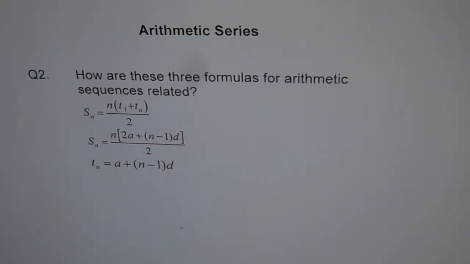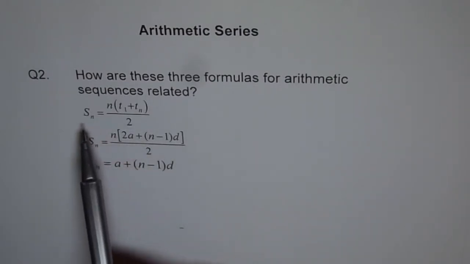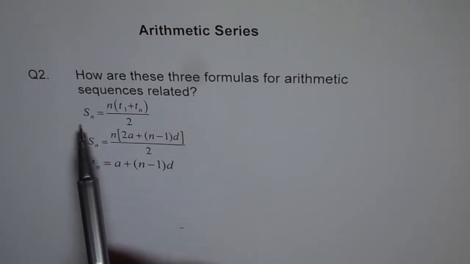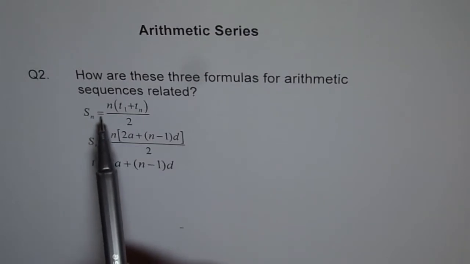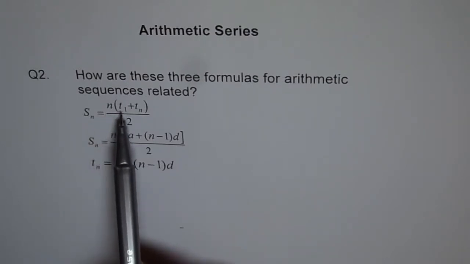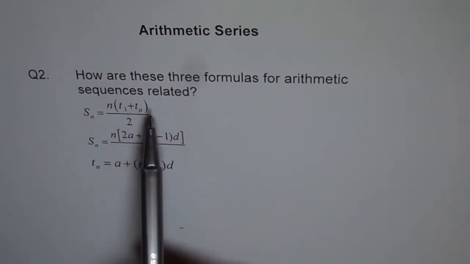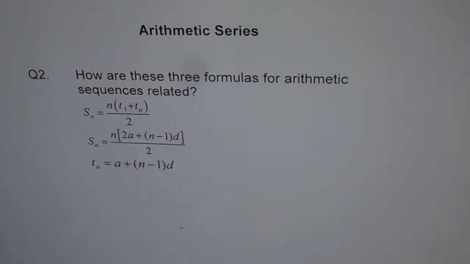I hope you remember in question number 1, we explained how to find the sum of n terms of an arithmetic sequence. The sum of n terms is n times t1, which is the first term, plus tn, which is the last term, the nth term, divided by 2.